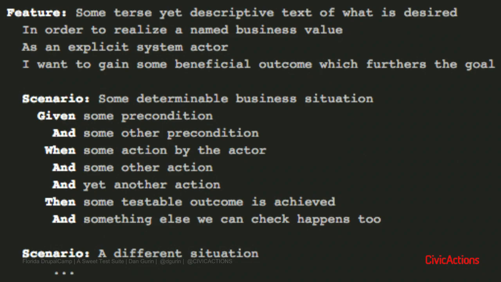And there can be multiple scenarios in one feature. These keywords, given, when, then, will start all of your steps. And you can also use the keywords and, but. They pretty much all do the same thing, and then the text afterwards will be what will really define your step.